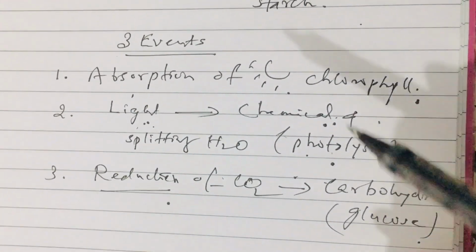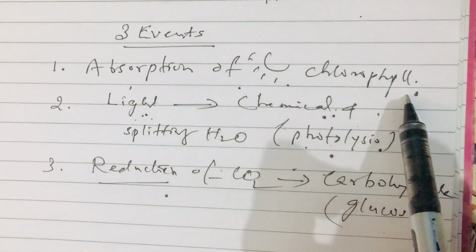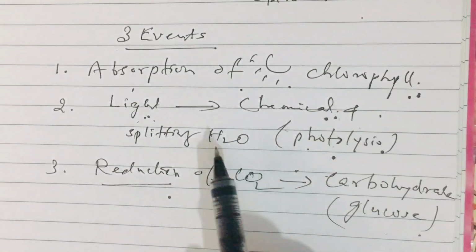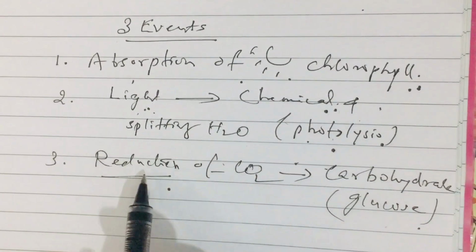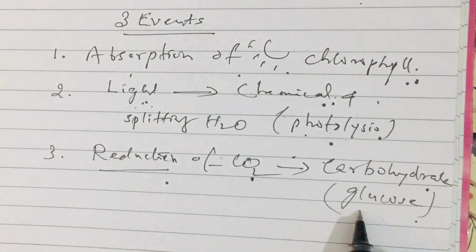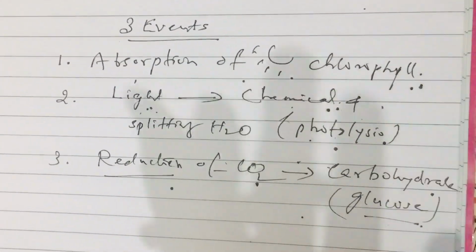So what are the three events in photosynthesis? Absorption of sunlight by chlorophyll, conversion of light energy into chemical energy and splitting of water into hydrogen and oxygen. Third one is the reduction of carbon dioxide to carbohydrate, that is glucose. So these are the three events of photosynthesis.